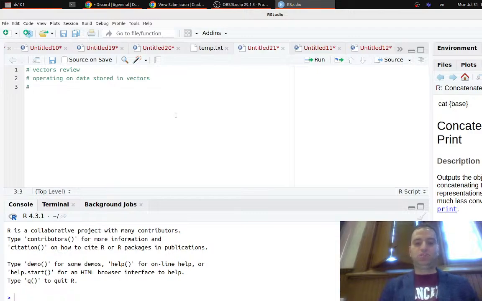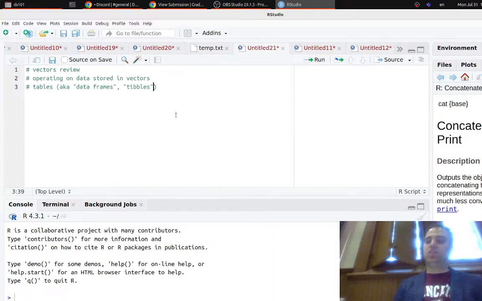And then I want to do tables, which are also known as data frames and tables and so on. There are subtle differences which we're not going to get into now. So I'll just do an example.